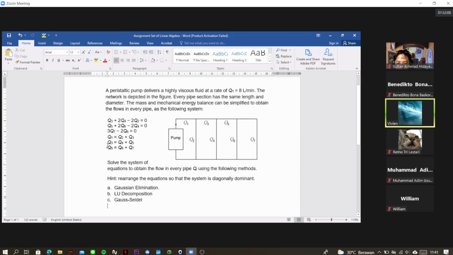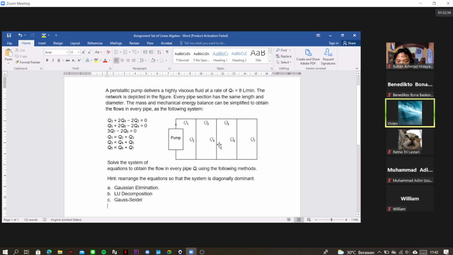We have 6 equations to find Q1 up to Q7. Now Q1 is already known here, so we have 6 equations to find Q2 up to Q7.